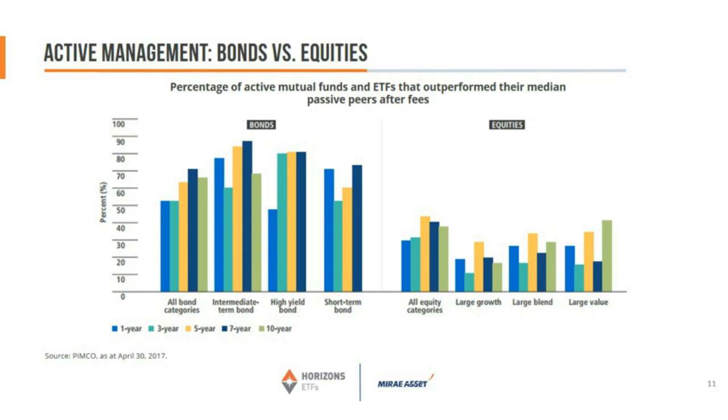Look at the percentages of potential outperformance with those different categories over those different periods of time. Traditionally, more than 50% of active management can outperform the median of the benchmark out there for bonds. When it comes to equities, that is not the case.